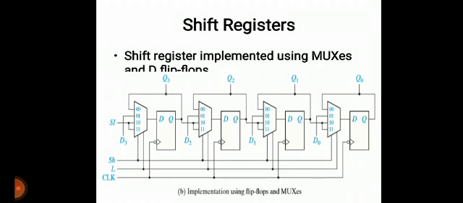The same shifting operation has been designed using multiplexers and D flip-flops here. You can observe the first flip-flop and the first multiplexer, and the same thing happens here with D3, D2, D1 and D0. These are the inputs given to the multiplexers, and the output of each flip-flop is taken as the input for the next multiplexer.